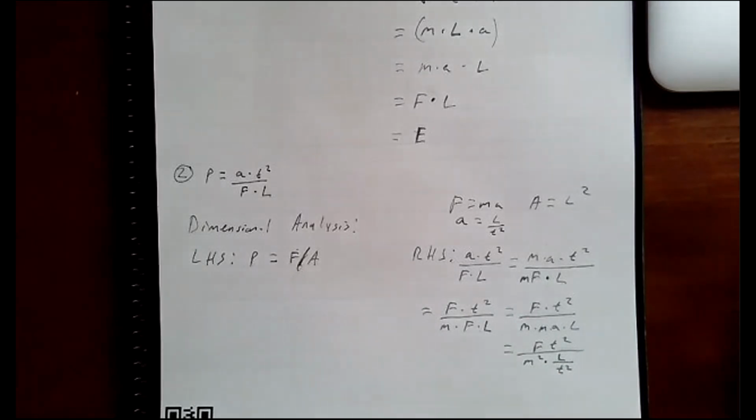I don't know what's wrong with this number. I'm sorry, guys. Seems there's something wrong here. A is L over T squared, which I'll put here. But then I'd get a T to the fourth, which does not help anybody.